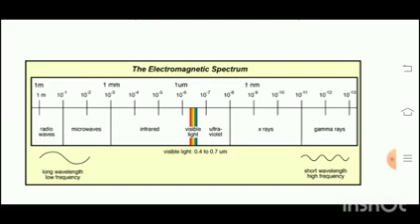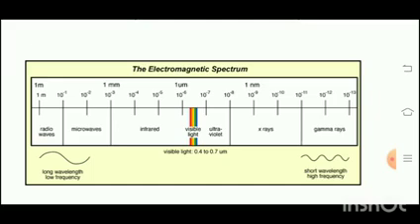So radio waves, microwaves, infrared waves, and in between the visible region, which starts from violet, indigo, blue, green, yellow, orange, red, and after violet we have the ultraviolet region, X-rays and gamma rays. Gamma rays have very high energy and radio waves have very high wavelength. Wavelength and energy are inversely proportional.